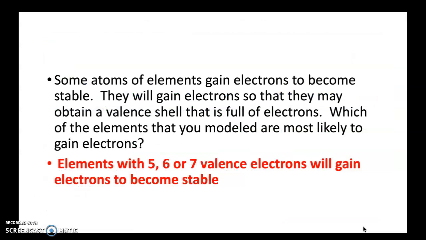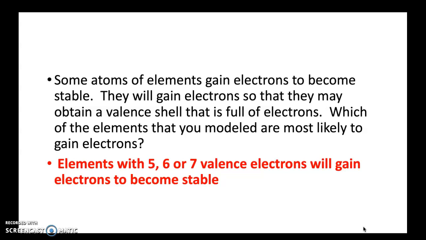Now, your answer for number 12 should be, and I want you to copy this down: elements with 5, 6, or 7 valence electrons will gain electrons to become stable. And whatever you have in there is probably not a good enough answer.